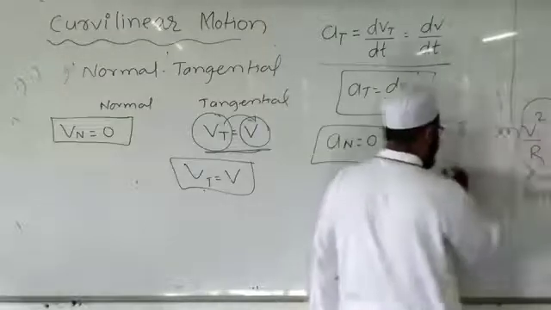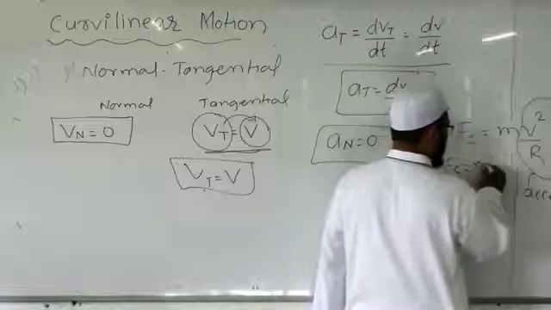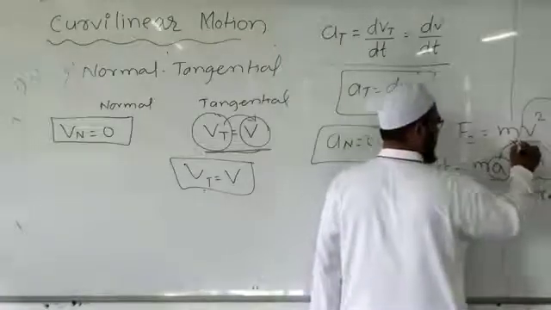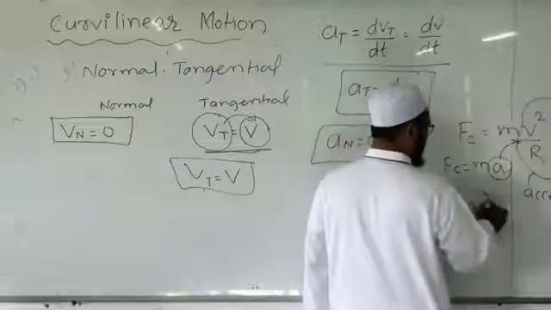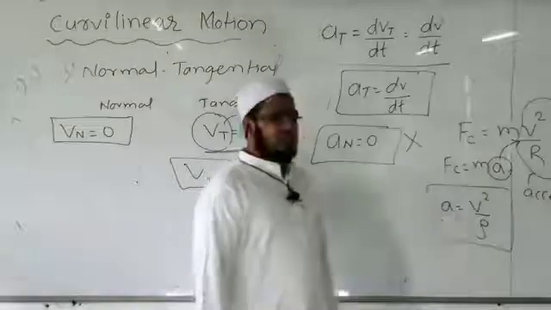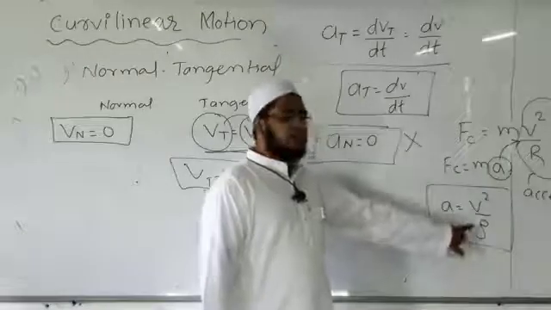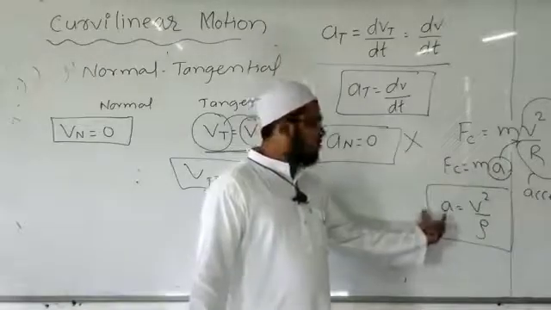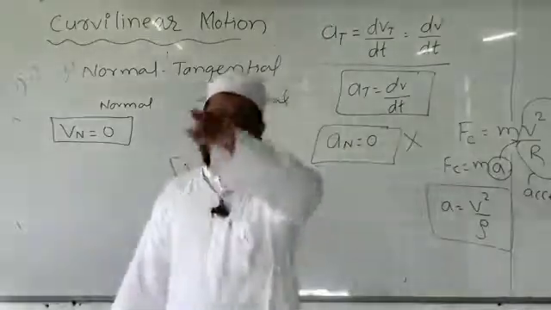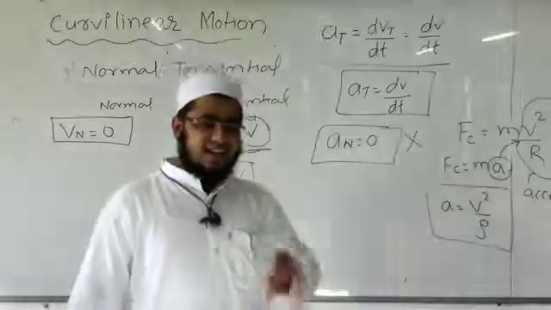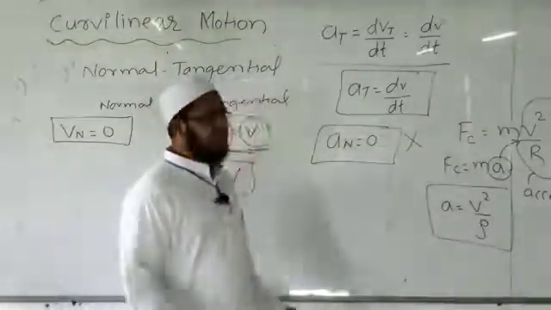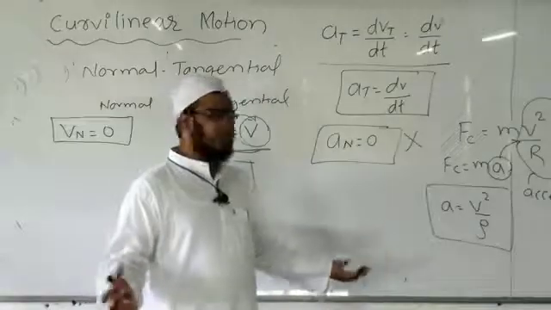Because according to Newton's second law, F equal to ma, and here a is equal to v square by rho. It is acceleration, and we know that the centrifugal force is always along the center of curvature, and the component of the acceleration acting along the center of curvature is the normal acceleration.